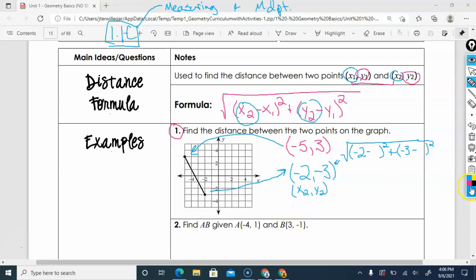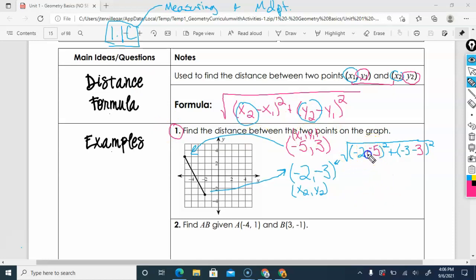You don't have to do it in the order I do. This is just how I roll. And now I'm going to plug in my x1, y1, so my -5 and my 3. Now from here, if you try to plug this all in a calculator, you're going to have a bad time. So I'm going to break it down into pieces.